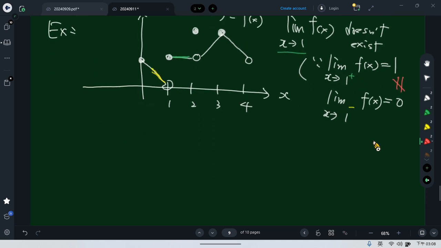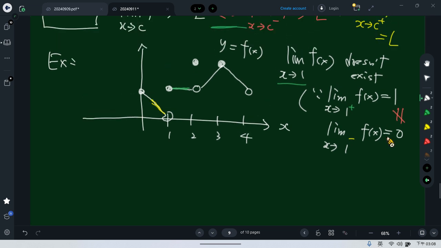And for example, okay, this is the first equation, then this is 1, the second one. How about limit as s approaches 2 of f(x)? What is the answer? Does it exist?